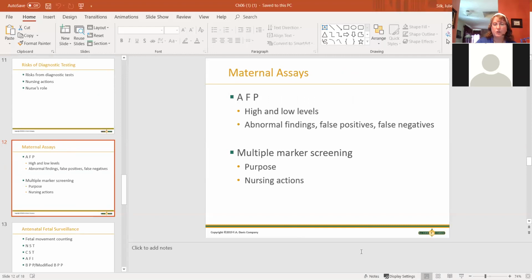All right, so then we start getting into maternal assays. This is kind of like blood tests, I guess, if you want to put it that way. Maternal assays are an increasingly common way to screen pregnant women for fetal birth defects or genetic anomalies. Choice of screening tests depends on many factors, including timing of entry into prenatal care.